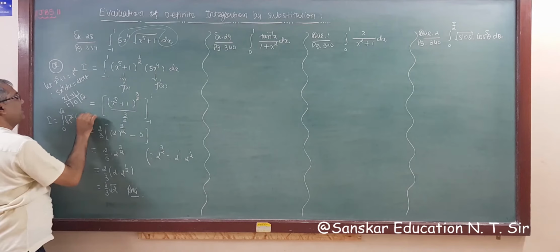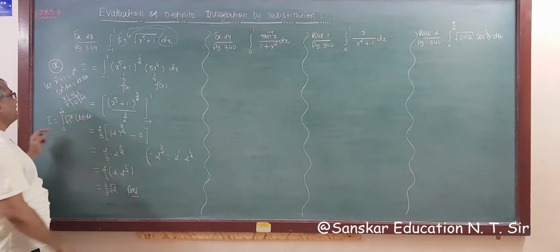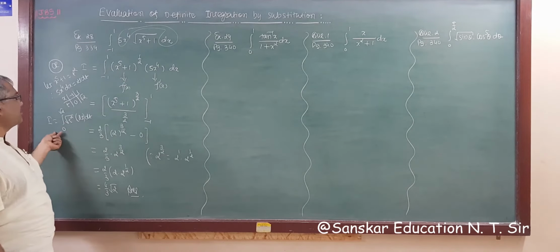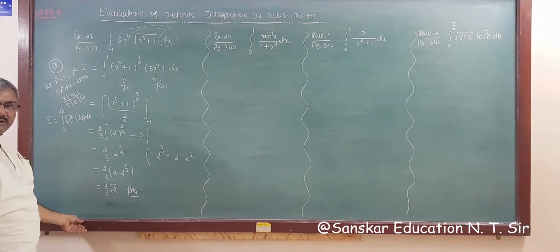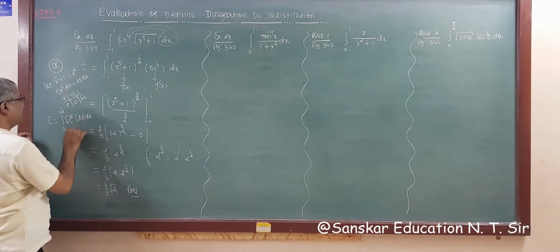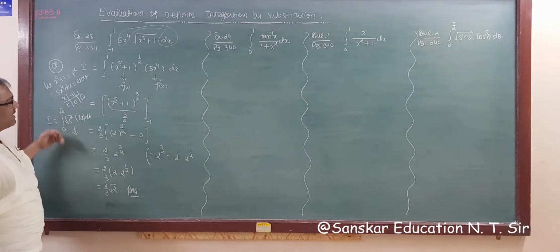So 2t dt, and now this square root of t square is t. So this is 2t square, and you integrate that and get your answer. Okay, so this is another method, but this method is lengthy.